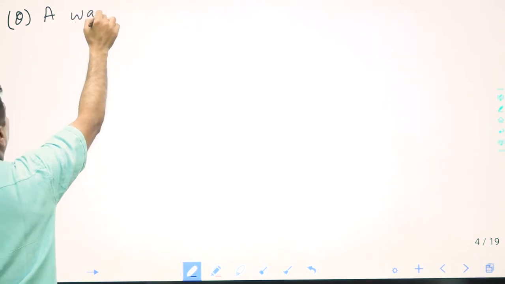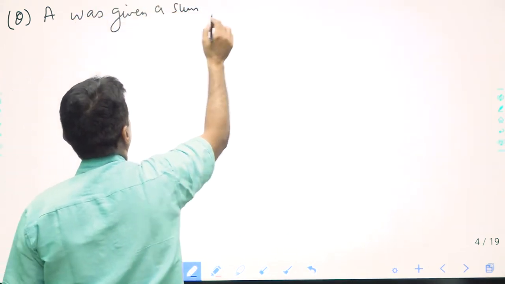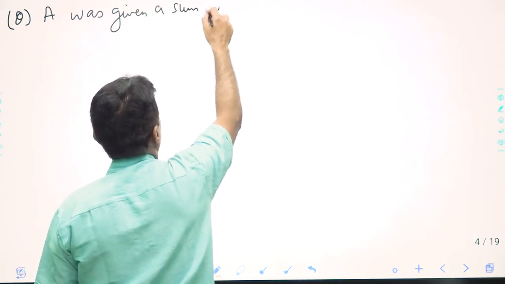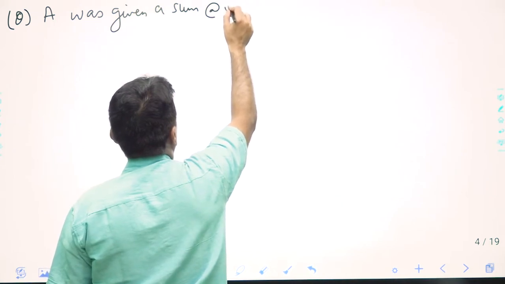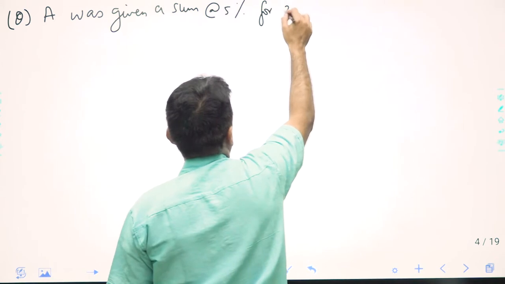A was given a sum of money at 5% for 3 years.